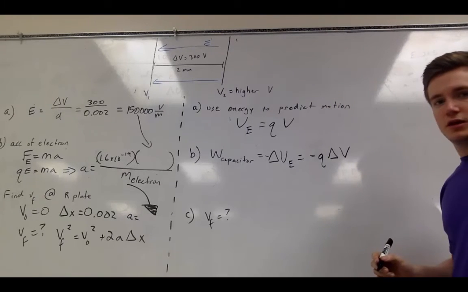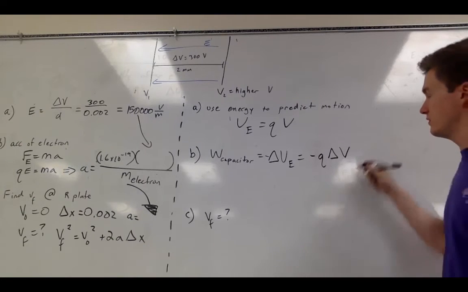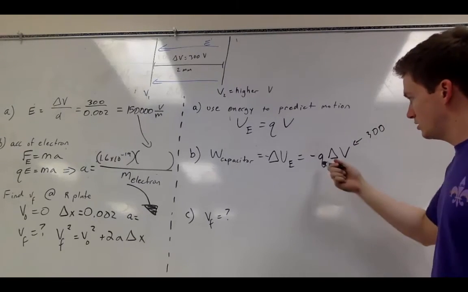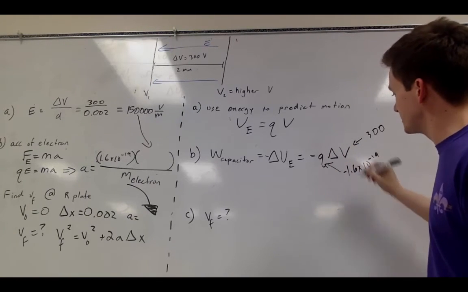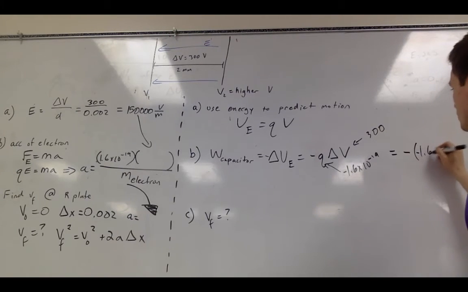So we get to this formula. Well, we have both of those things. This is 300. This is negative 1.6 times 10 to the minus 19. So we're going to end up plugging in negative 1.6 times 10 to the minus 19 times a positive 300 volts.